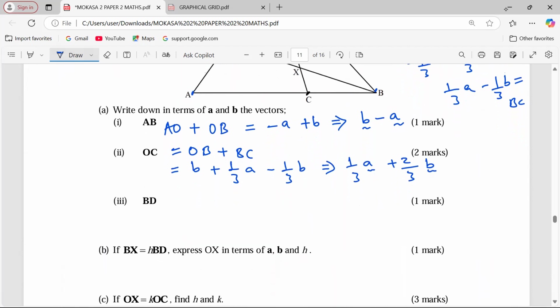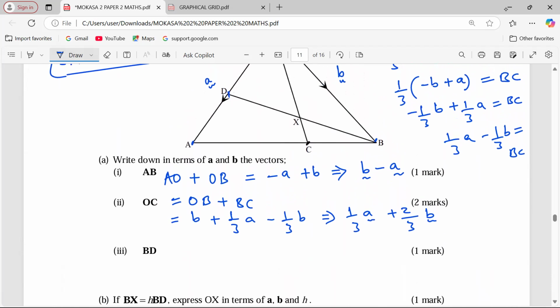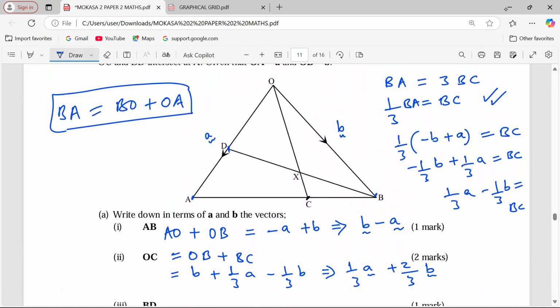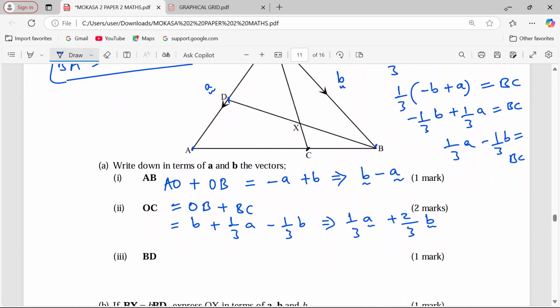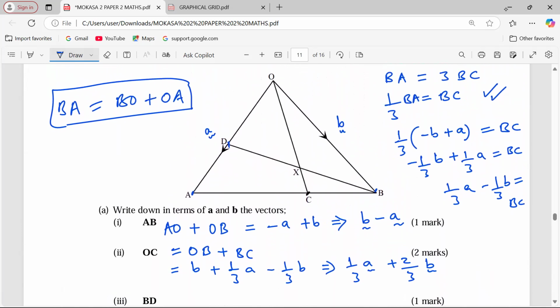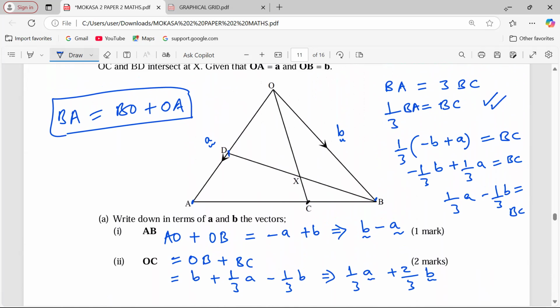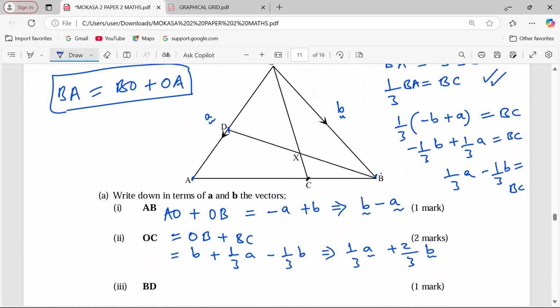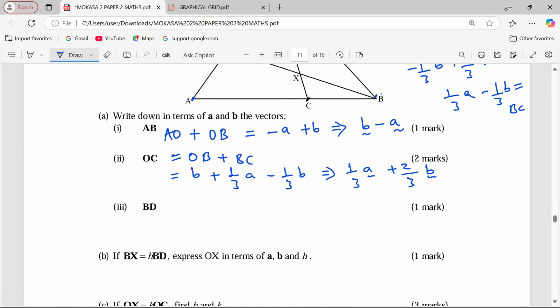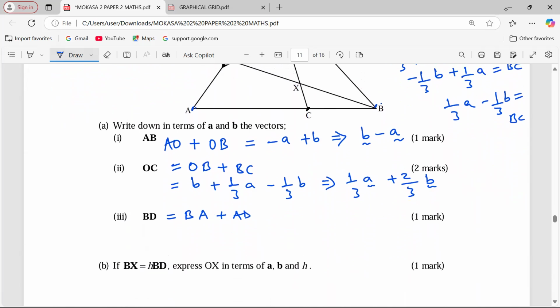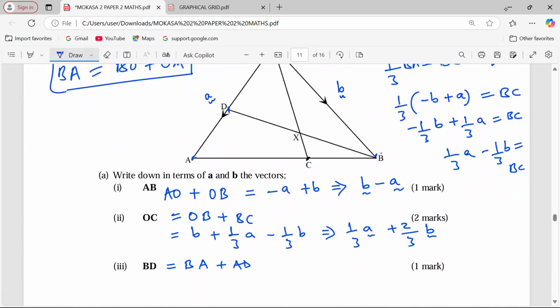There is another vector here, which is vector BD. For us to get vector BD, we need to talk about BA, then A to D. B to A, vector B to A. Remember, B to A is known.